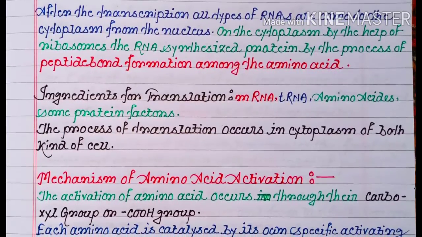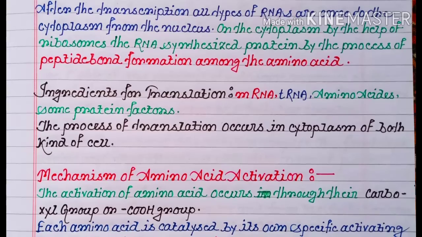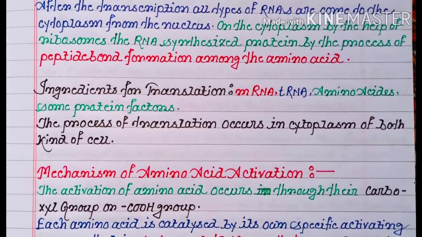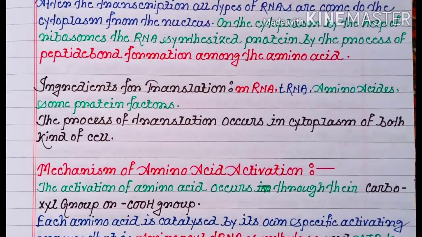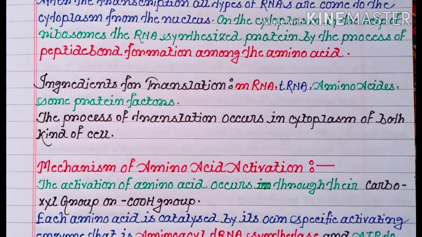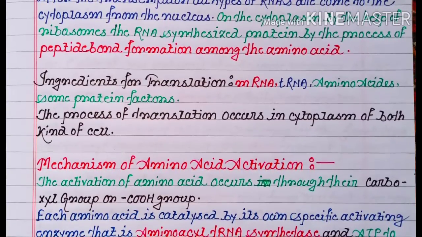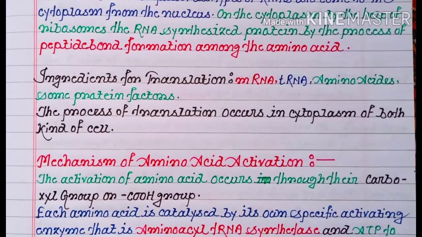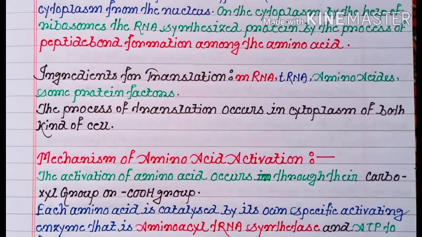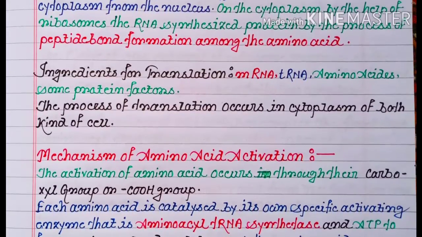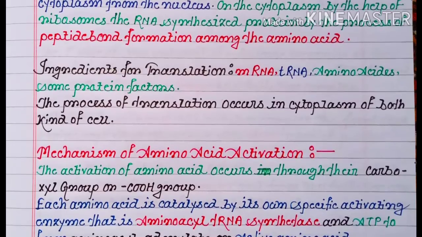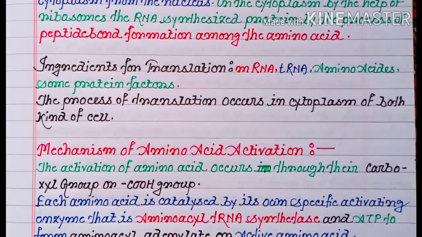The ingredients needed for this mechanism are mRNA, tRNA, amino acids and some protein factors. The process of translation occurs in the cytoplasm of both kinds of cell.